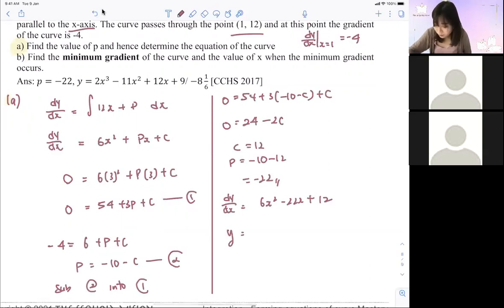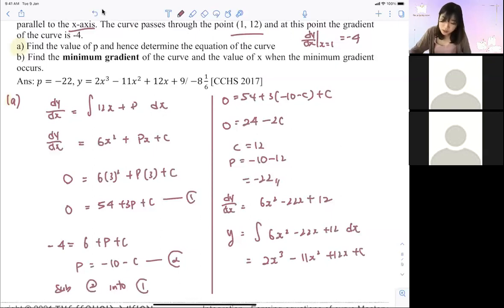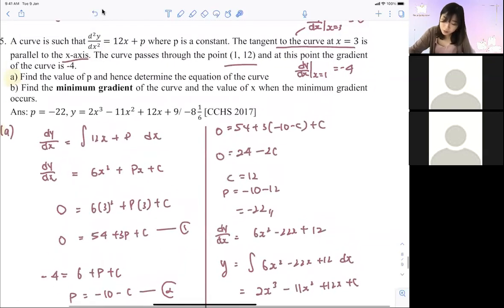So y will be the integral of that. So to find c, you can sub any point you want. Maybe this one is given already.